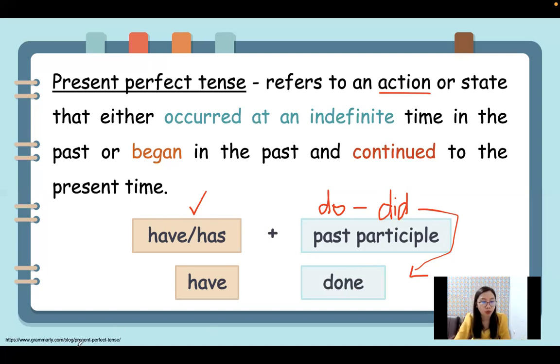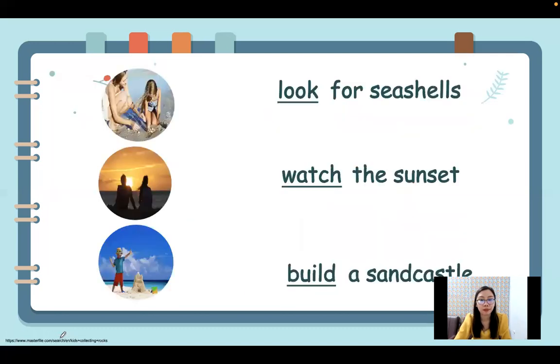Example: look for seashells, watch the sunset, and build a sand castle. Look at the underlined words, those are the verbs: look, watch, and build.